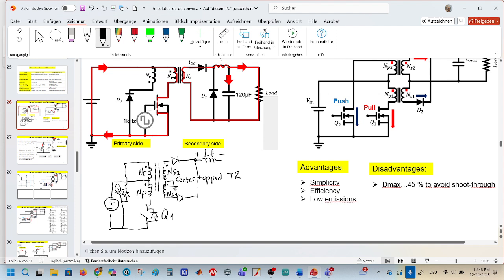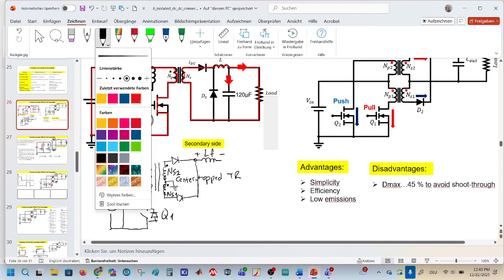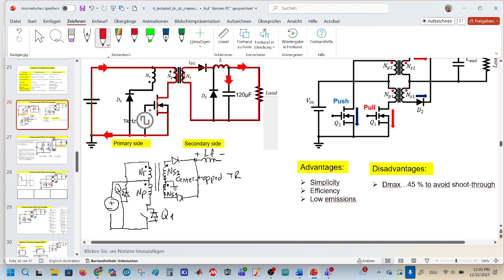What was the difference between the flyback converter and the forward converter?